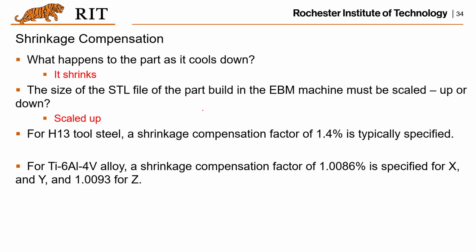Also for the shrinkage: what happens to the part as it cools down? It will shrink. To compensate for the shrinkage, you want to scale up the size of the STL file when you build the part using the EBM machine. There are some reference numbers for the H13 tool steel.